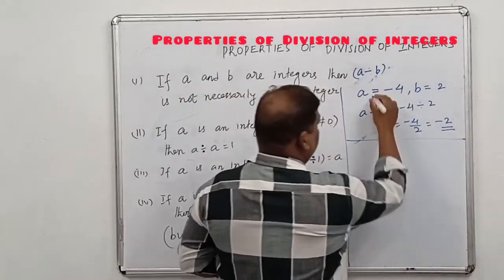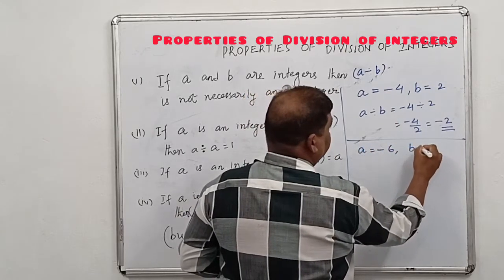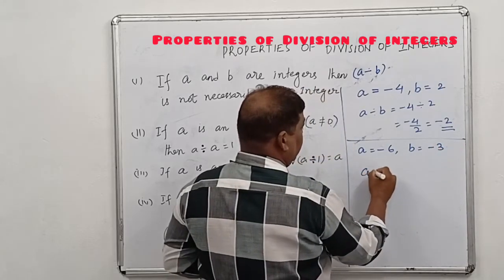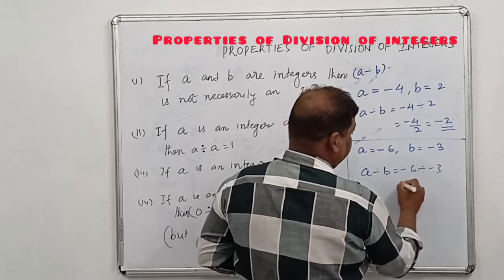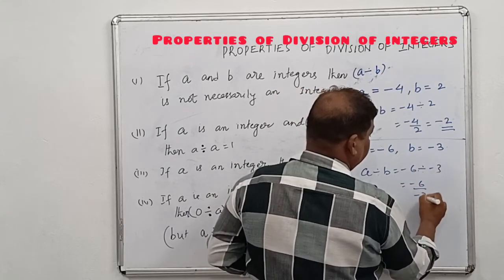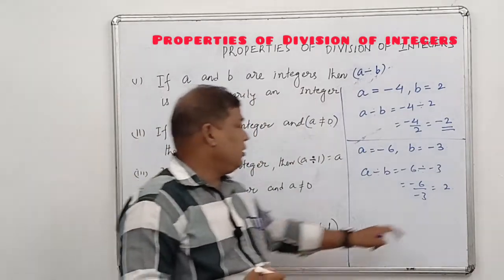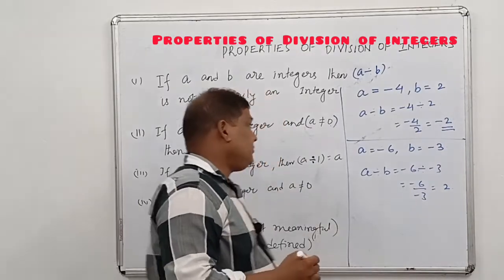Take another example, a equal to minus 6, b equal to minus 3. So a upon b is equal to minus 6 upon minus 3, that means 2. So here 2 is a positive integer.